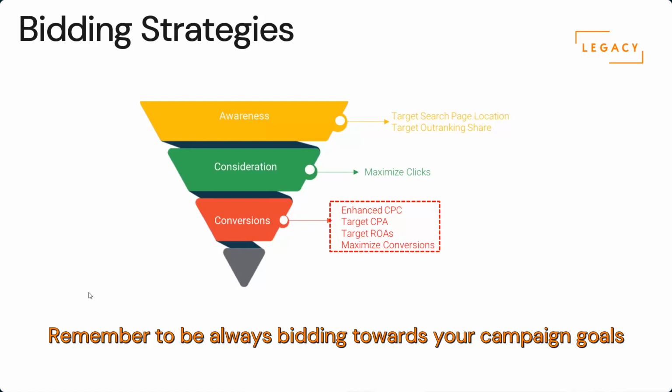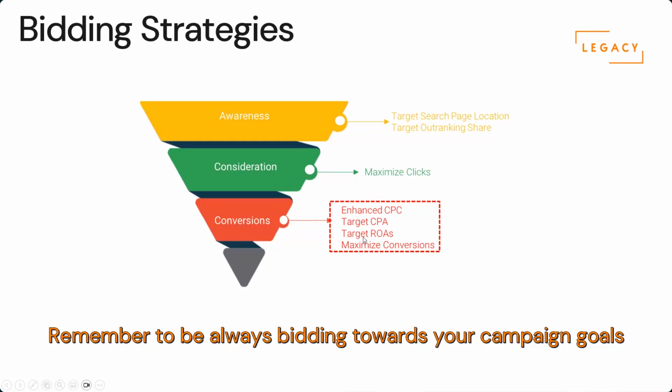I think we've all moved away from manual bidding in a lot of my campaigns, and you should be bidding towards conversion goals. Whether you're using maximize conversions or target CPA, which is quite good for some B2B lead gen campaigns.